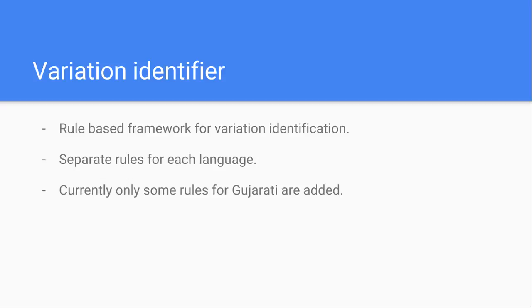My approach was to create a rule-based variation identifier, where you can give rules that these pairs of syllables or these pairs of spellings are similar. Once the rule list is there, when you give two words, it goes through the rules and tells you if the words are actually the same or not.